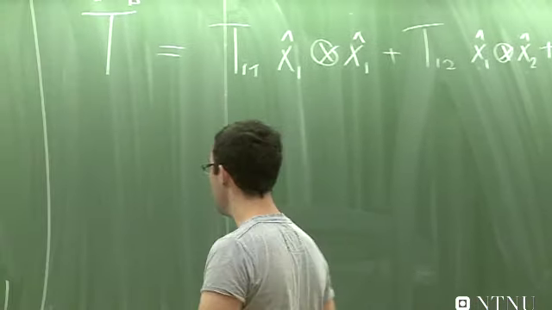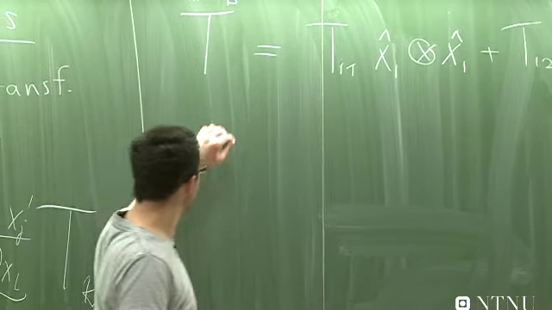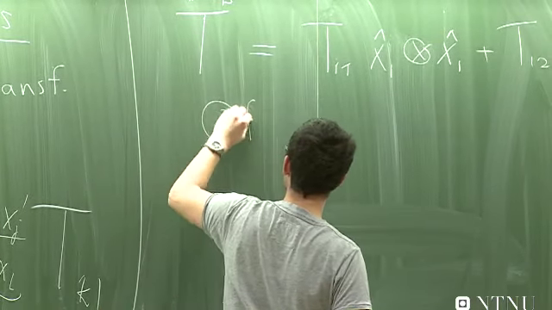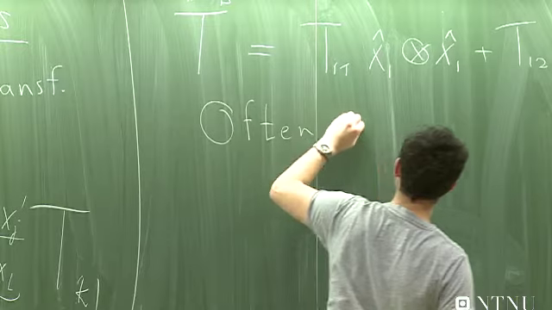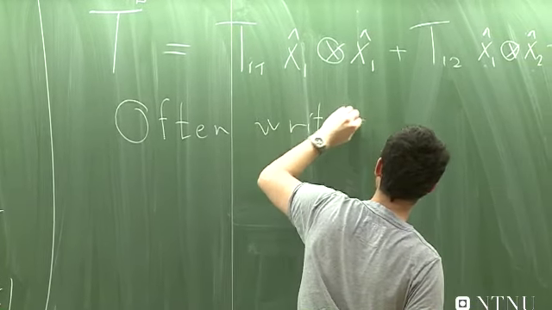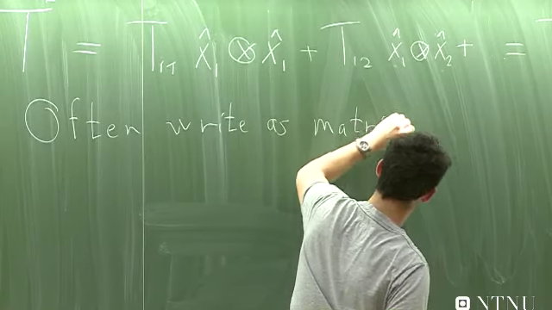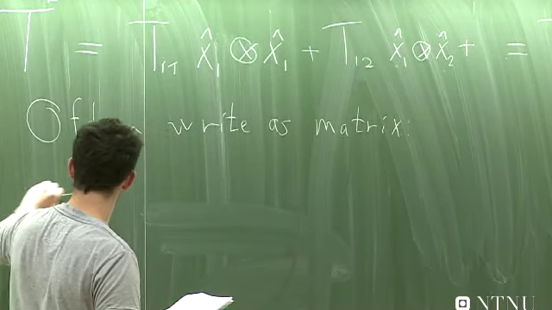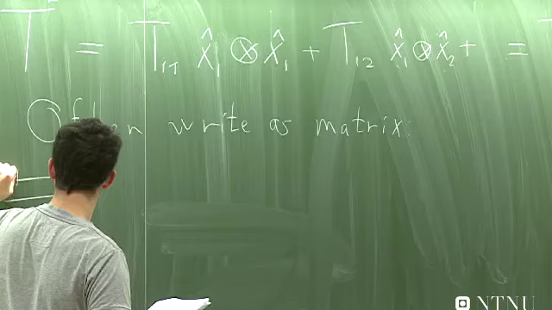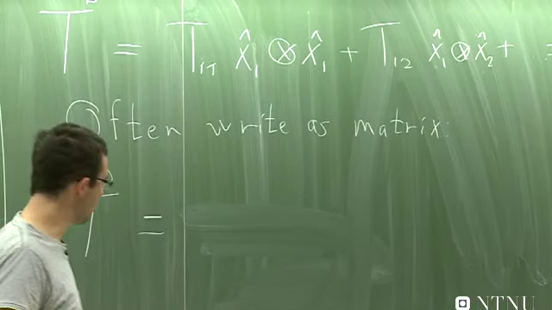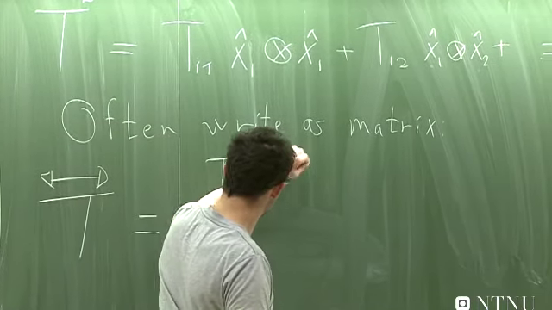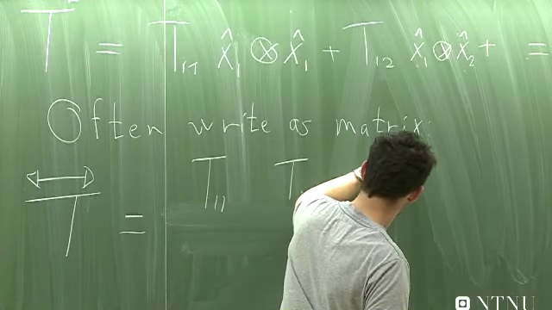And we often write this as a matrix. That looks like the following: T11, T12, T13.